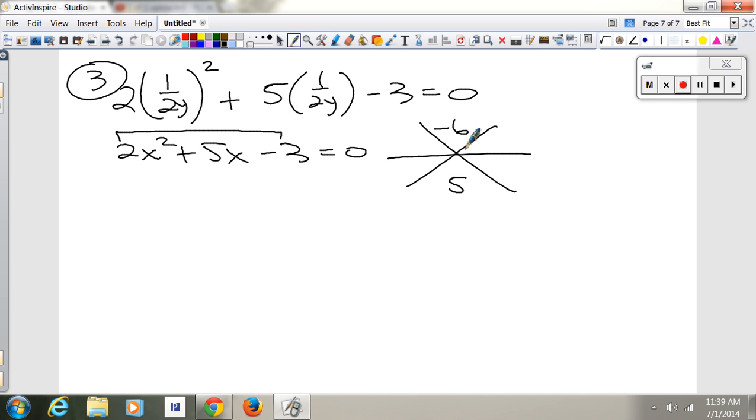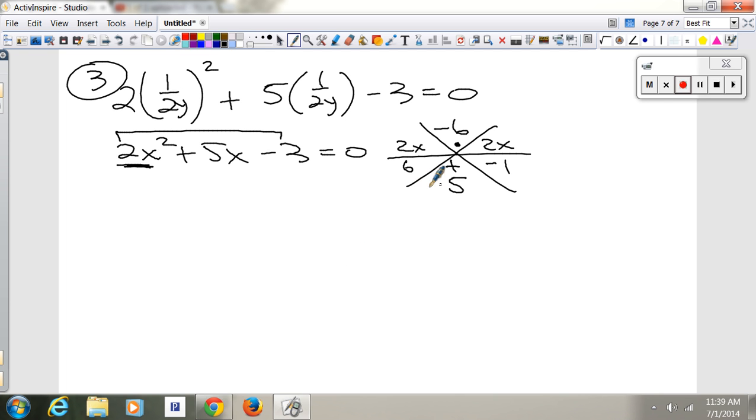On the top of these two sides of your star is just the front 2x, not the square, just the 2x. On the bottom of those two sides is what would multiply to give me negative 6 and add up to 5. They have to be different signs. One's got to be positive, one's got to be negative. And you're going to need 6 is positive and 1 is negative.